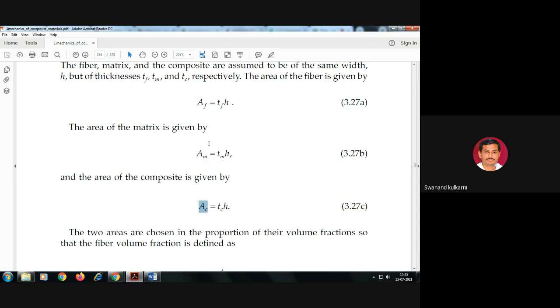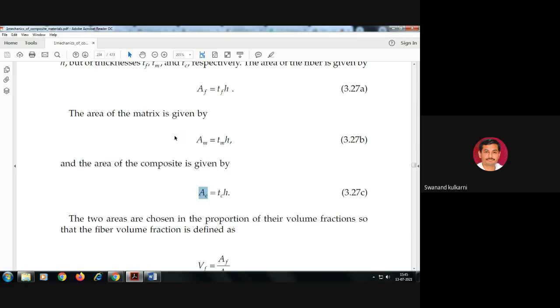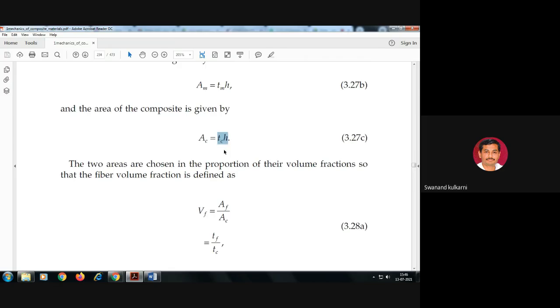They are represented with reference to Tf·h, Tm·h and Tc·h: thickness of fiber into its height, thickness of matrix into its height, thickness of composite into its height. With these two dimensions, the area of fiber, matrix and composite is calculated.